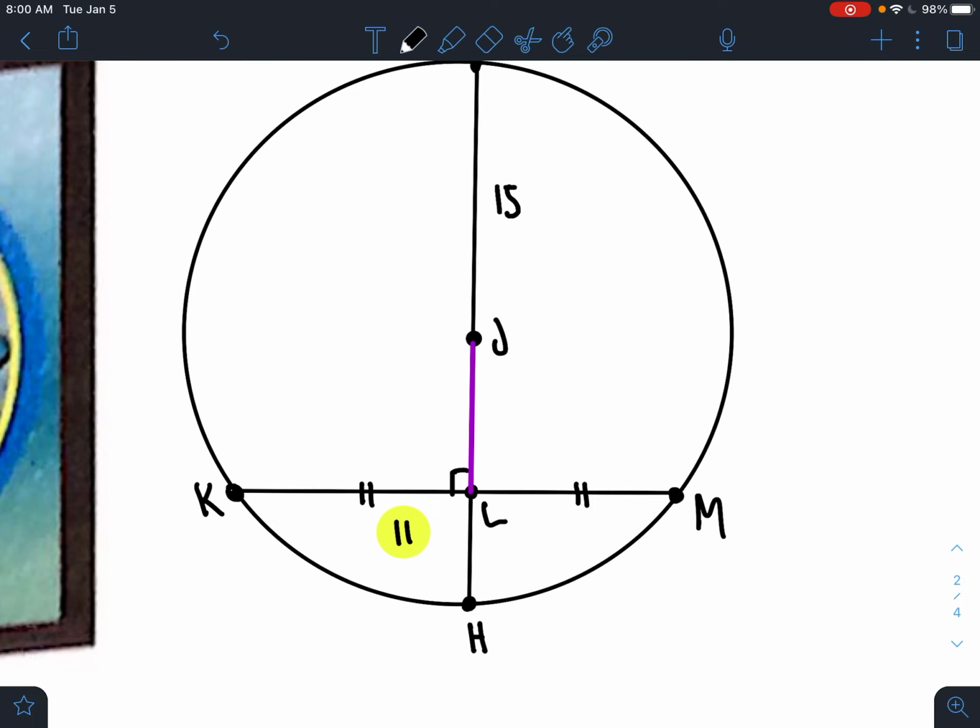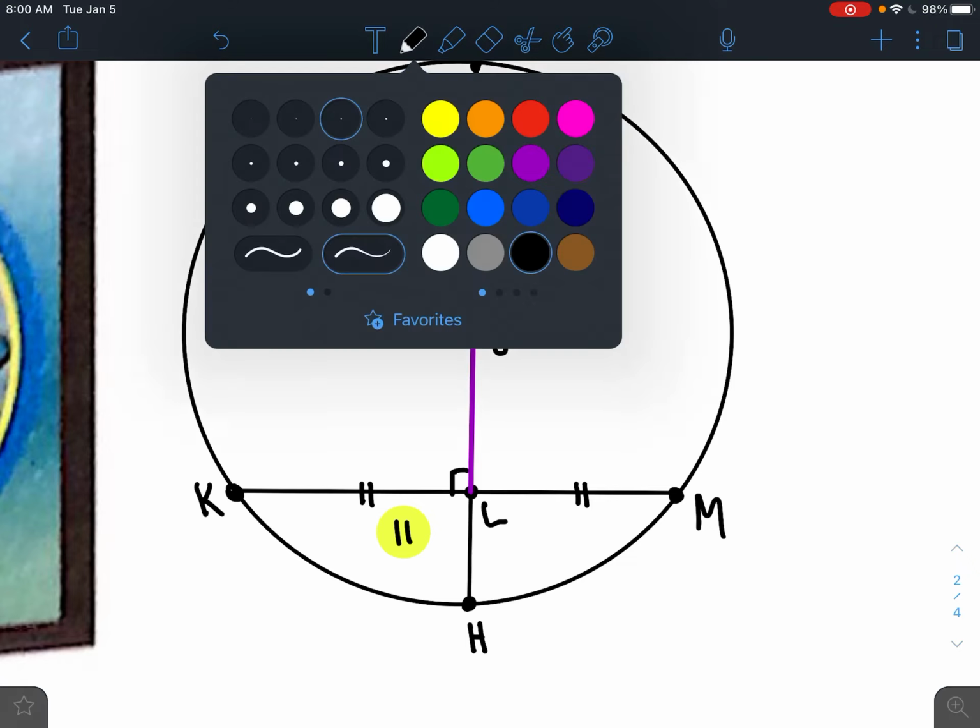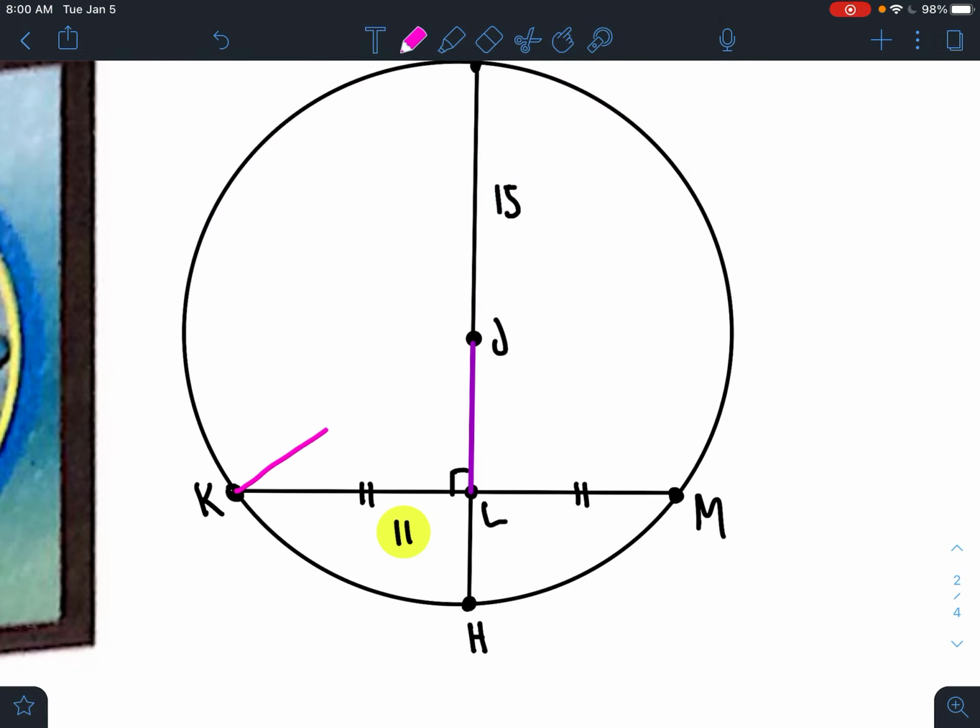So the key here is to see how can you draw in another radius that would help us to find JL. And so what I'm going to draw in is this segment right here. I'm going to do it in pink. Because that pink segment is still a radius. It's connecting a point to the center.